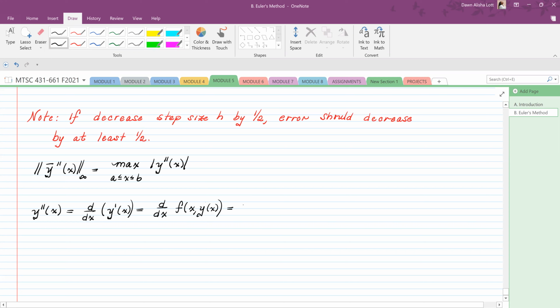So that says to take the partial of f with respect to x of x and y, and add to that the partial of f with respect to y of x and y. But I have to multiply by the derivative of what's inside, which is dy dx, which is simply f of x and y, where this piece is dy dx.